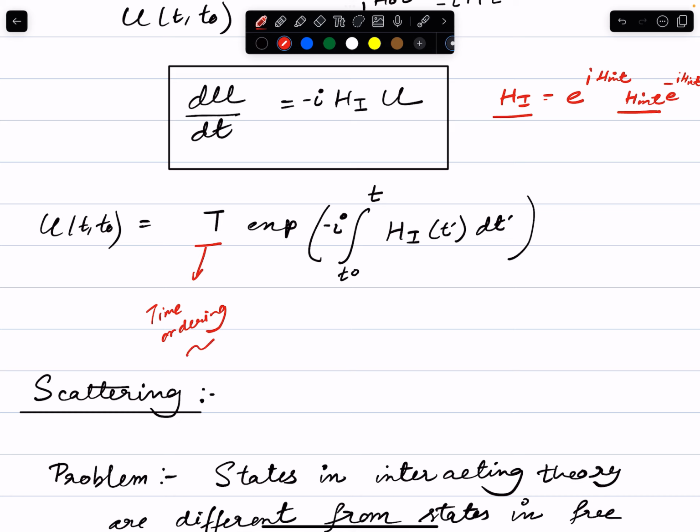We showed that without this time ordering, this exponential would not be a solution of this equation. You need this operator to be time ordered in order to ensure that it solves this equation. And in the last class, I had missed this factor of minus i over here, which should be there. So this is what we have as a recap.